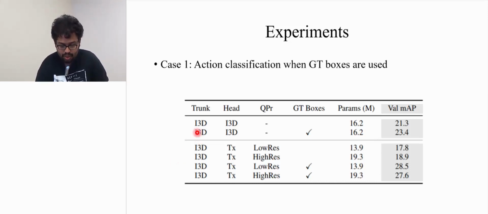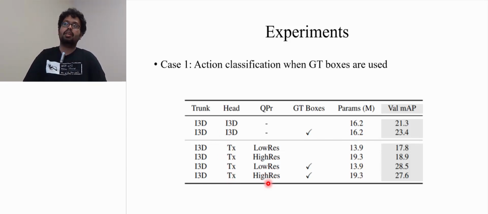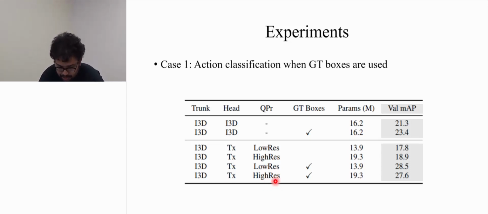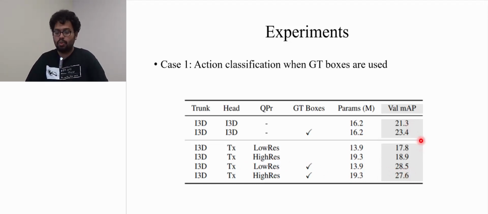Here they use I3D as their trunk region overall, and they compare I3D versus a transformer network with two different variations in the query preprocessor, as we have discussed earlier, which are the high resolution version and the low resolution version. They say that I3D with the transformer head performs well compared to other approaches when the ground truth boxes are given.